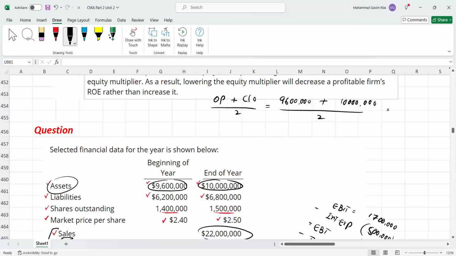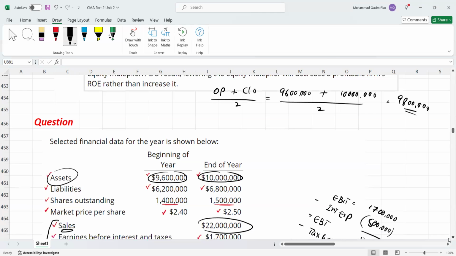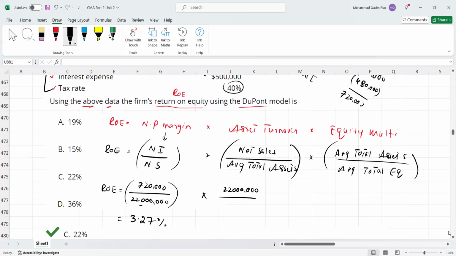This gives you the average, 9.8 million. So average total assets is 9.8 million. Now I can also get the asset turnover ratio: 22 million divided by 9.8 million. The answer is 2.24.